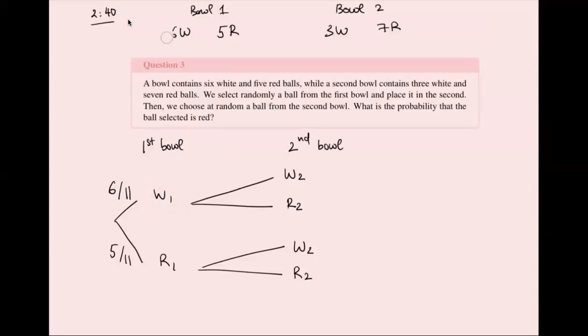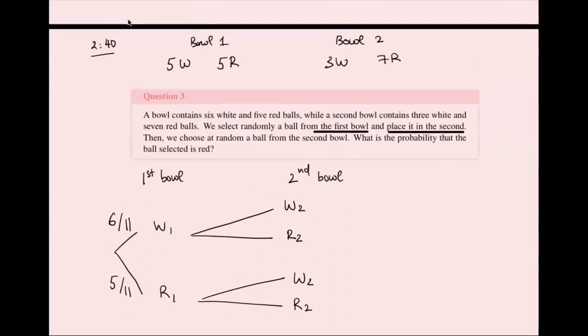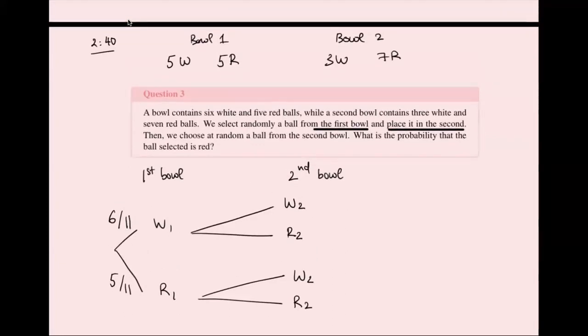Then now, in the first bag, we only have 5 white left. And it says that we select a ball from the first bag and place it in the second, which means we transfer the white ball from the first bag to the second bag. Now the second bag would have 4 white.